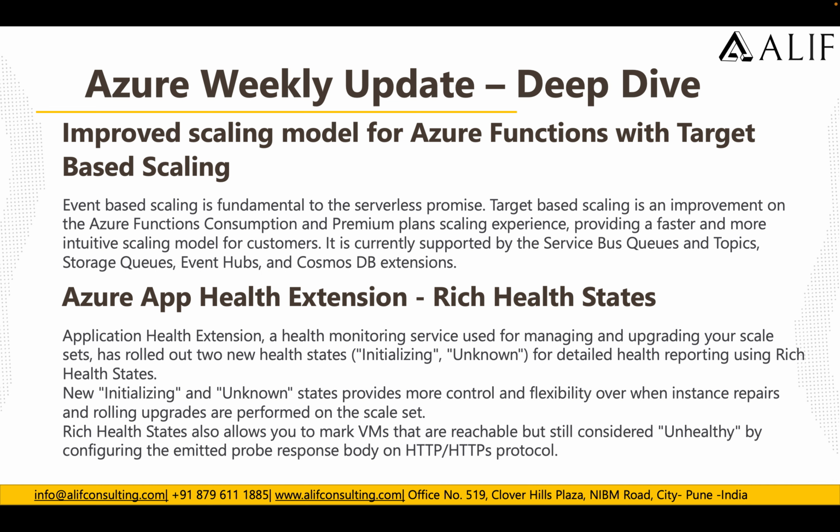These new initializing and unknown statuses provide more control and flexibility over when instance repairs and rolling updates are performed on the scale set. Rich health states allow us to mark VMs that are reachable but considered unhealthy by configuring the emitted response body on the HTTP and HTTPS protocol.